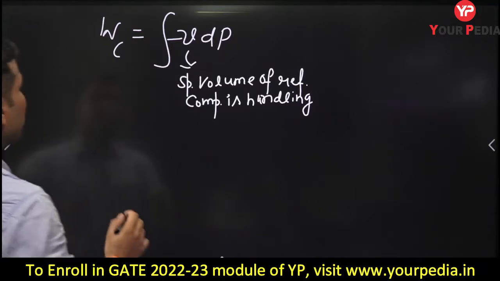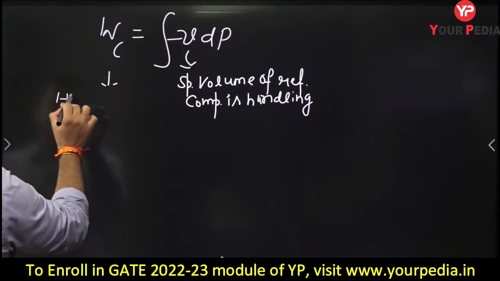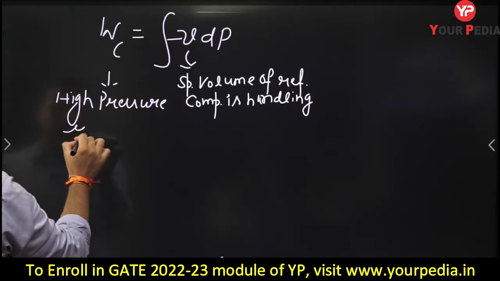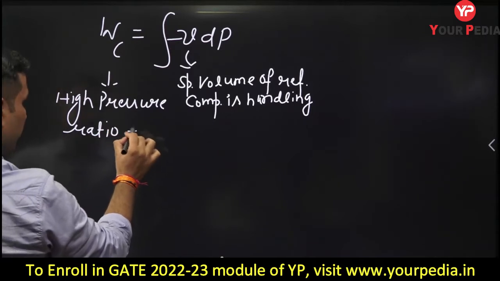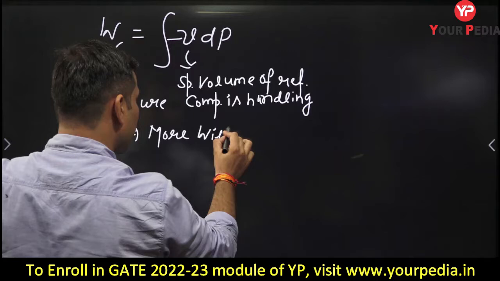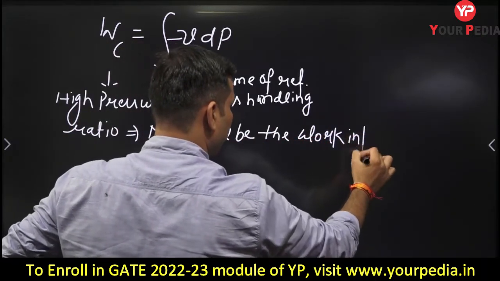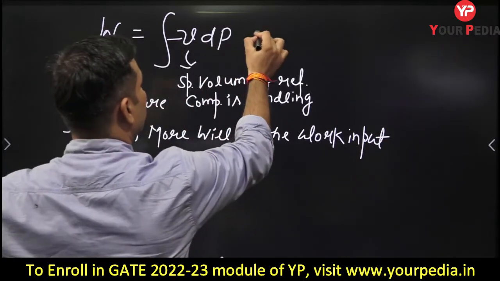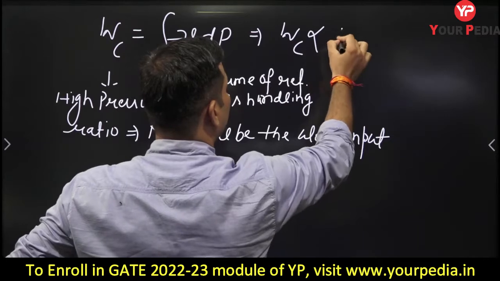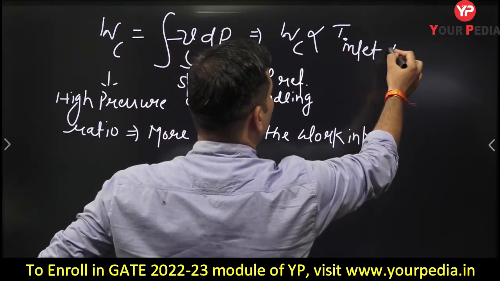So what you need to understand: if the pressure ratio increases, high pressure ratio, more will be the work input. Also, W compressor is a function that depends on the temperature also, the temperature inlet to compressor.